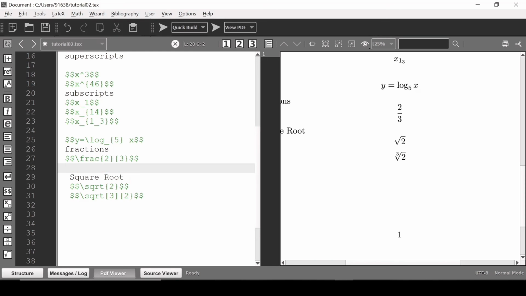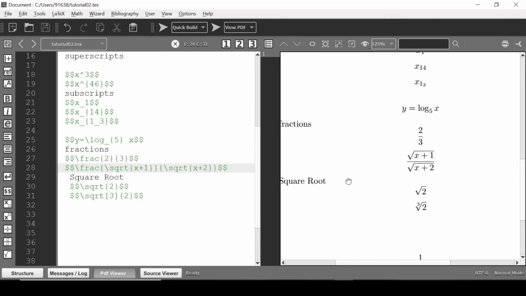If you want to write a little bit more complicated fractions, inside the double dollar sign, frac, the curly brackets, inside one curly bracket, backslash sqrt, and inside the sqrt you have one more curly bracket, and in this curly bracket you write x plus 1, and inside the other curly bracket you write backslash sqrt, and one more curly bracket, inside this curly bracket x plus 2, and run this command and you will see this result.